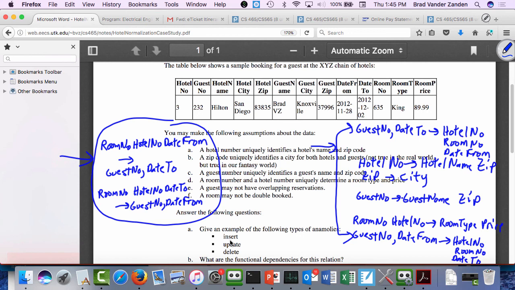Room number, and a date from or a date to. So over here, each of these determinants represents a potential candidate key. There is another candidate key, one that you are more familiar with when you call up the guest number and date. So right here and right here, those are two more candidate keys.